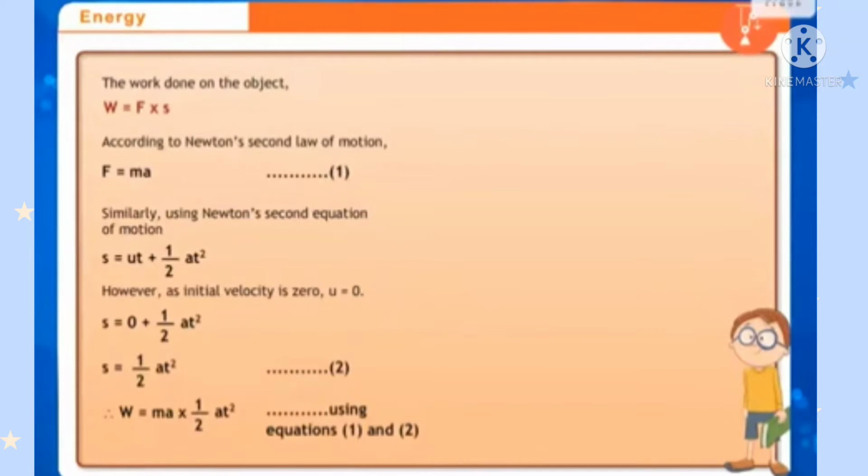W is equal to ma into 1 upon 2 at square. By using equations 1 and 2, we get this equation: W is equal to 1 upon 2 m a square t square. This is our equation number 3.